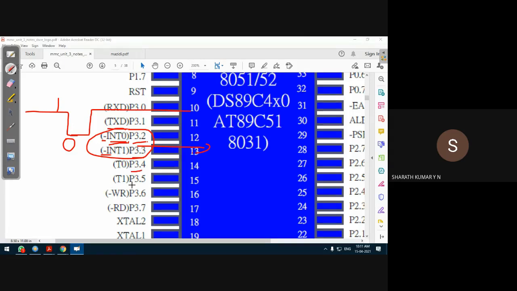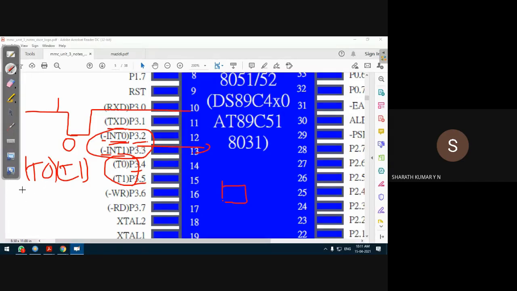P3.4 and P3.5 are used as external timer inputs, because we know that there are 2 timers, timer 0 and timer 1, each of 16 bit in size. For these timers, we can provide the clock pulse either from an internal source or from an external source.